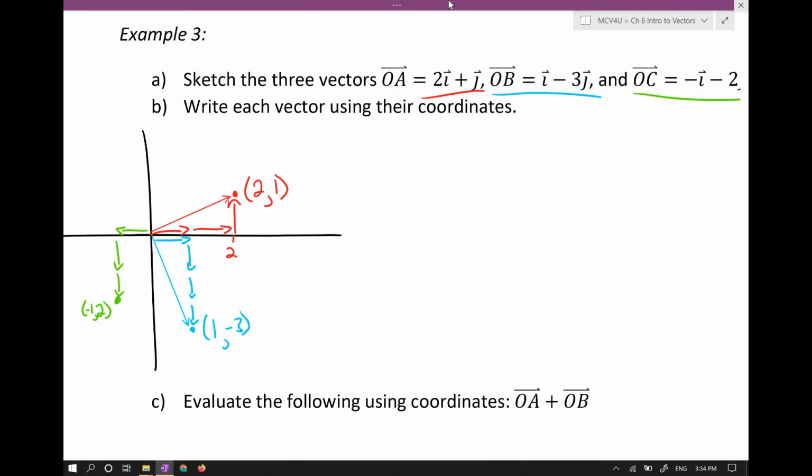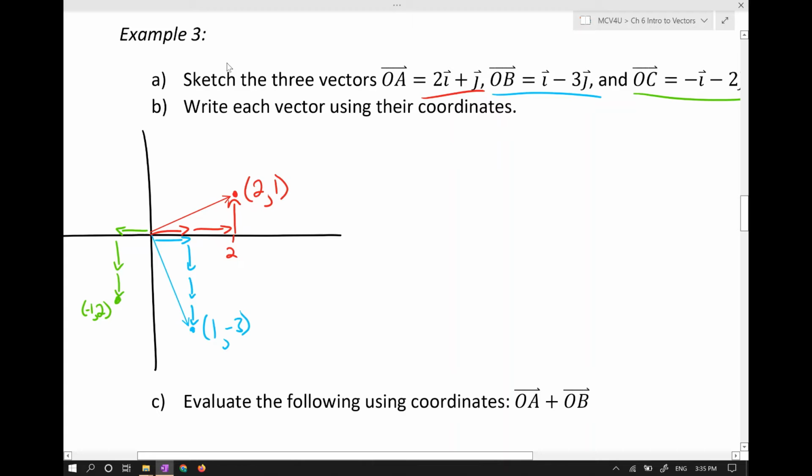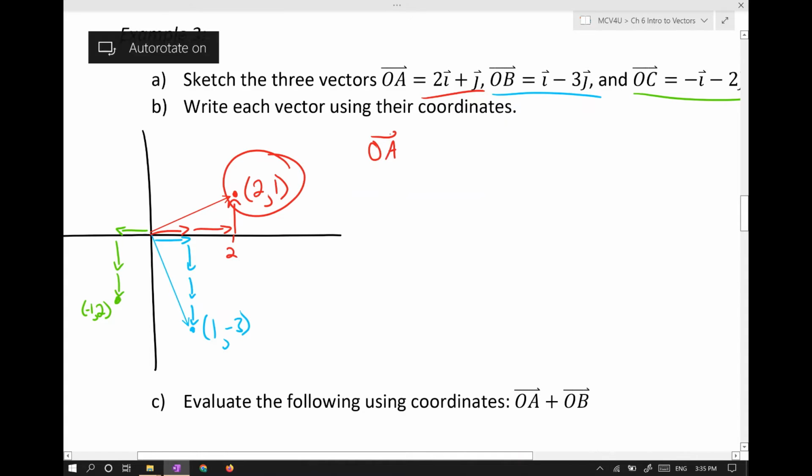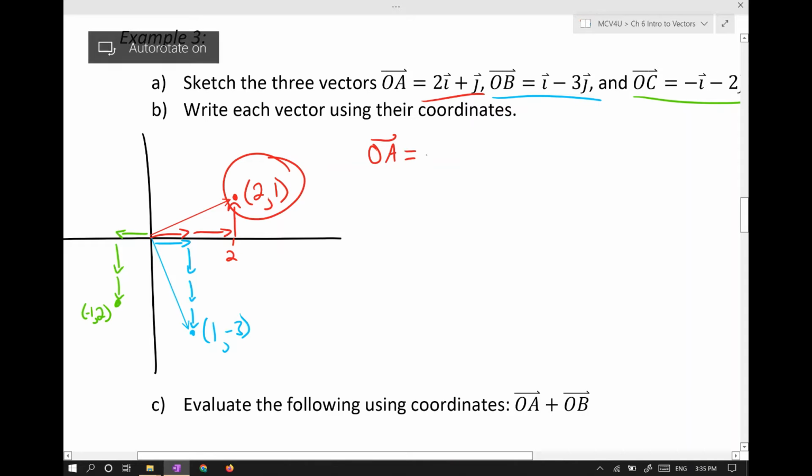Fantastic, folks. So if I'm writing these vectors in terms of their coordinates, lo and behold, we actually already did that. Our vector OA, and we should be following the same convention as in the notes and as they do in the text, OA is equal to (2, 1). We need that equal sign here. That shows that we're working with a vector.